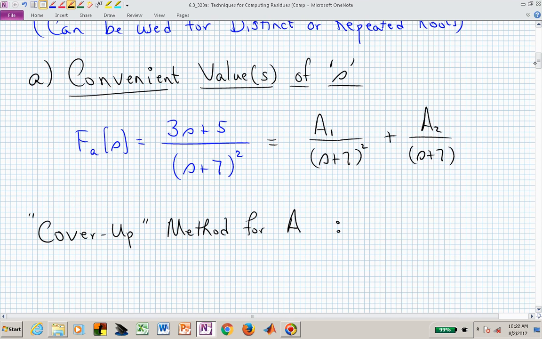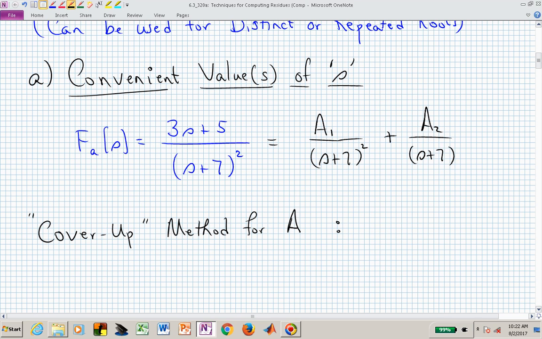And now, which of these coefficients, a sub 1 or a sub 2, can we actually apply the cover-up method for? In this case, we can use the cover-up when we want to find the coefficient associated with the highest power of that repeated root, which in this case is a root that's repeated twice.